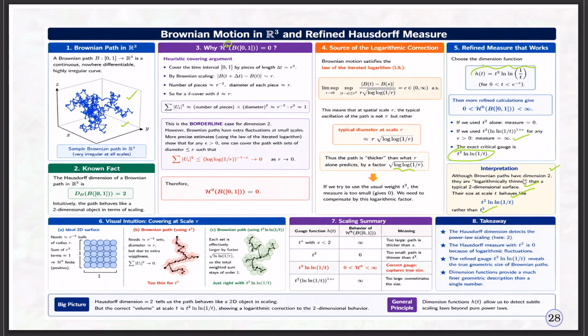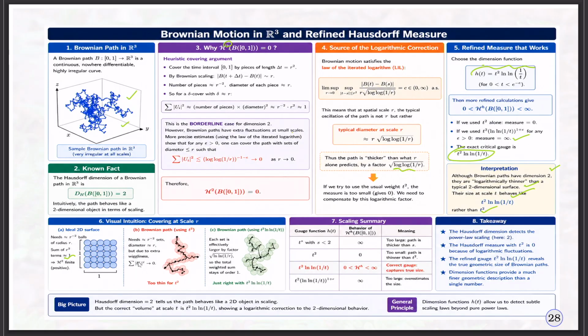So what is the intuition from here? See, take the idea of a two-dimensional surface. If you need to cover it with approximately r^(-2) balls of radius r, the sum of r^2 terms is equal to 1, then H^2 is finite and positive, and it gives the area of the surface.